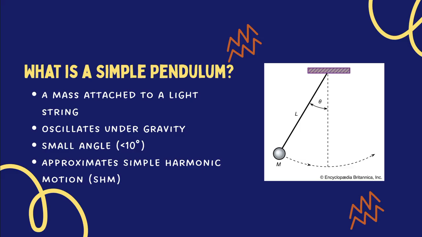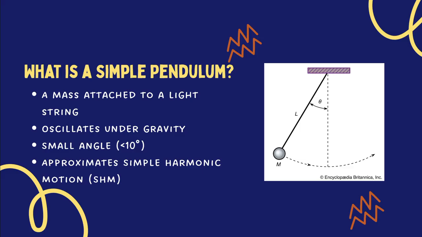A simple pendulum consists of a small object called a pendulum bob suspended from a fixed support using a light and inextensible string. When the pendulum is displaced slightly from its equilibrium position and released, it swings back and forth due to the gravitational force acting on it.